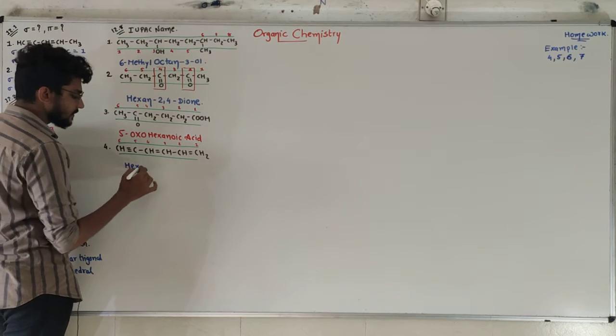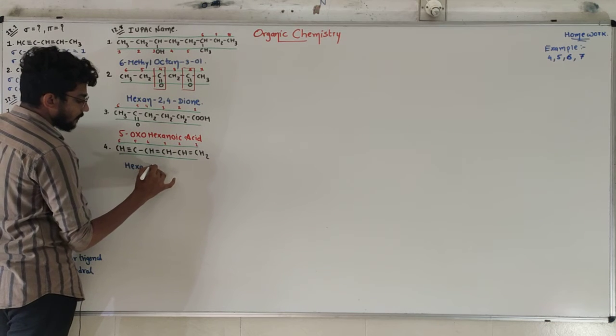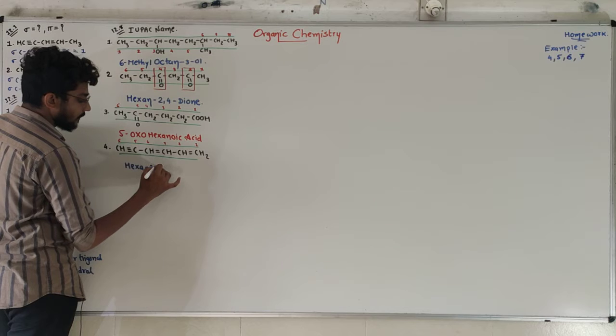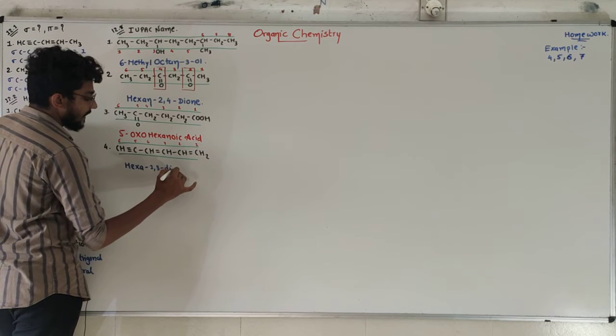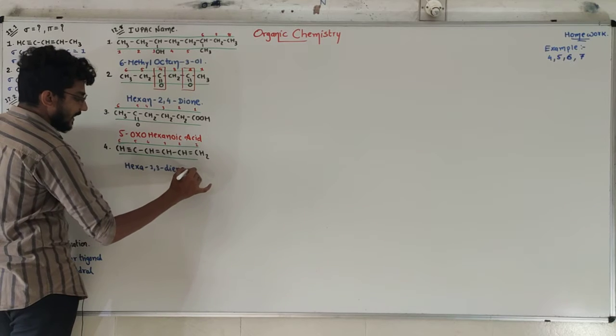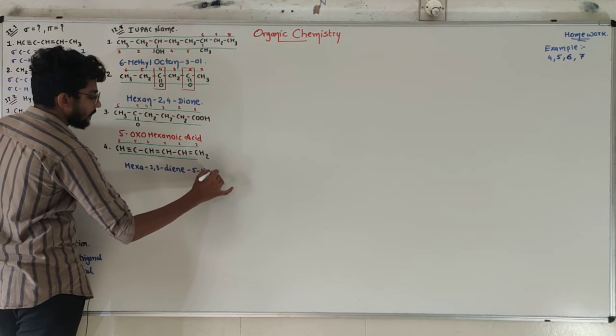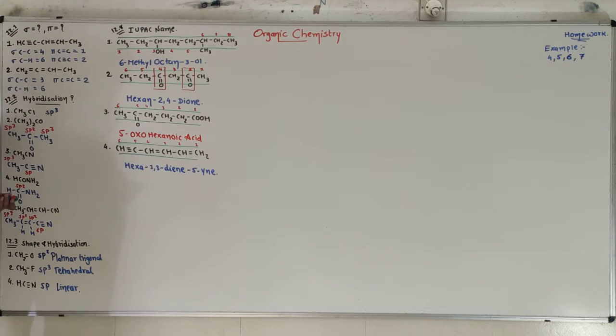Dash, first the most reactive, so 1 and 3, diene, dash, 5-yne will be the name of the compound.